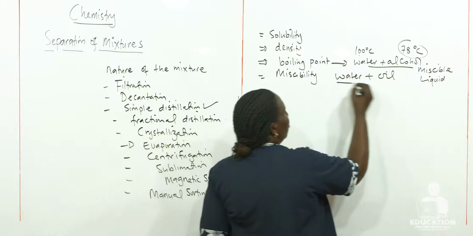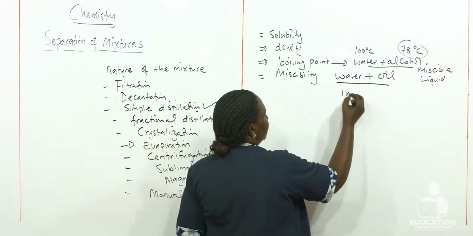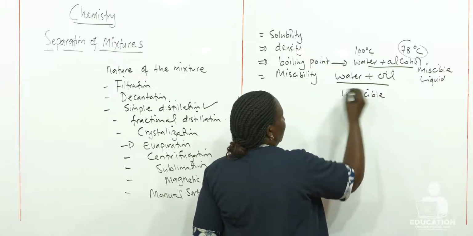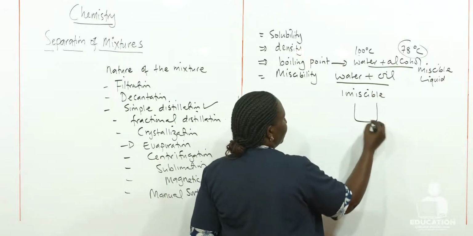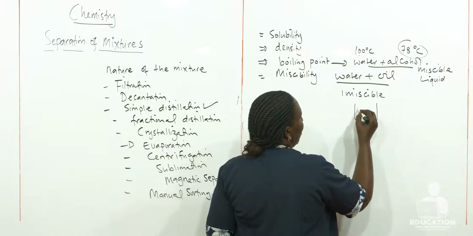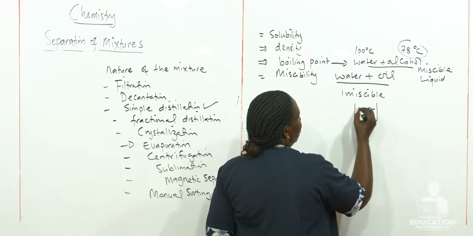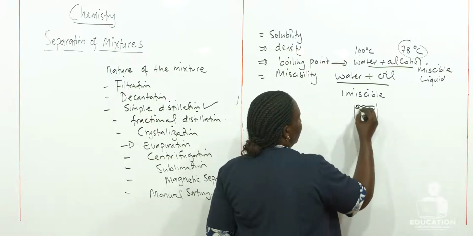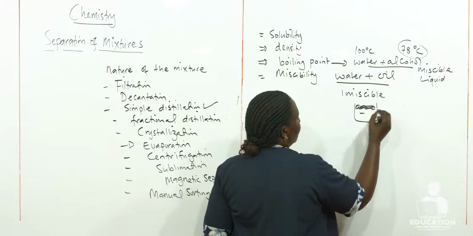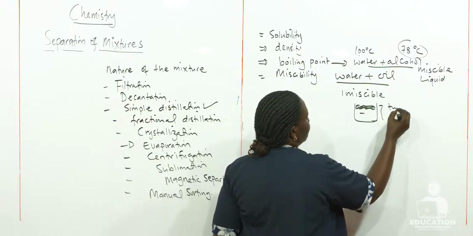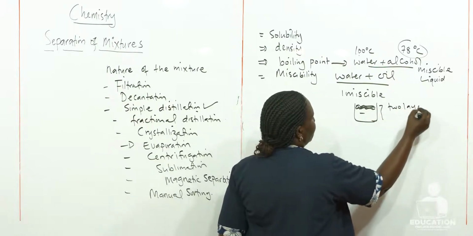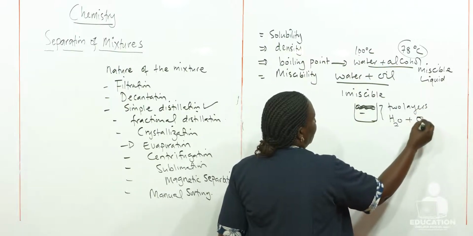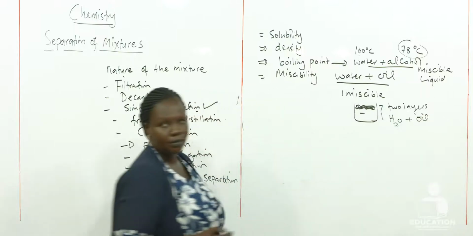But the water and oil, they are immiscible. So within the mixture, you will get a layer of oil because oil has low density. The oil will be up and then the water layer will be below. So you will have two layers, a layer of water and then a layer of oil.